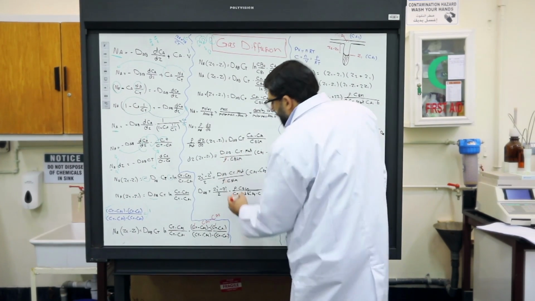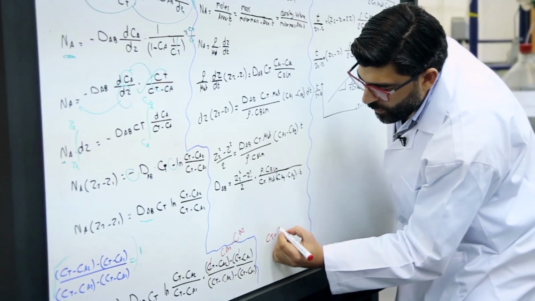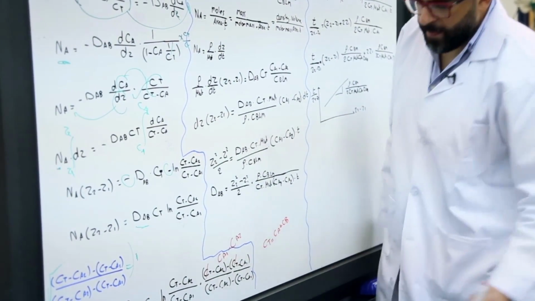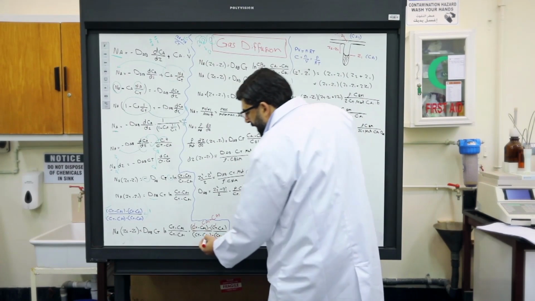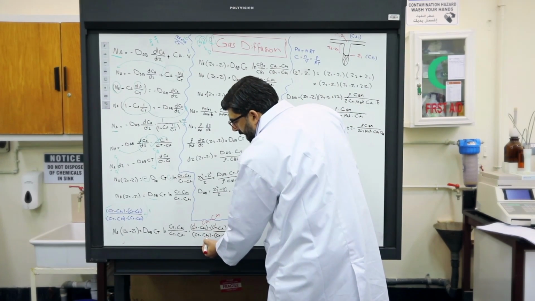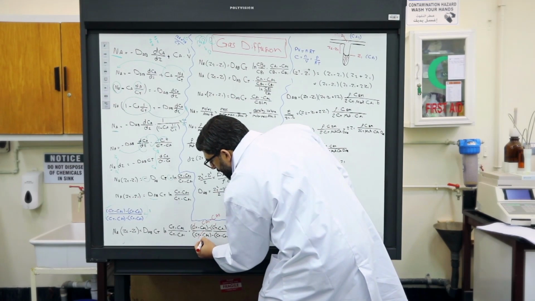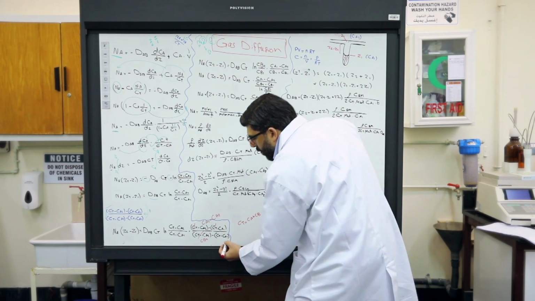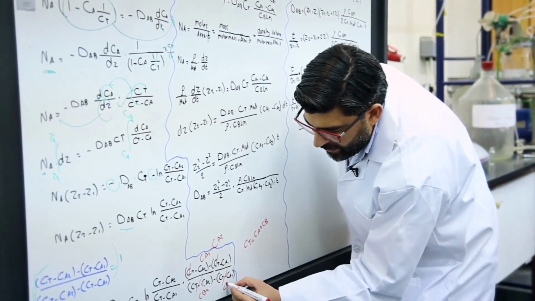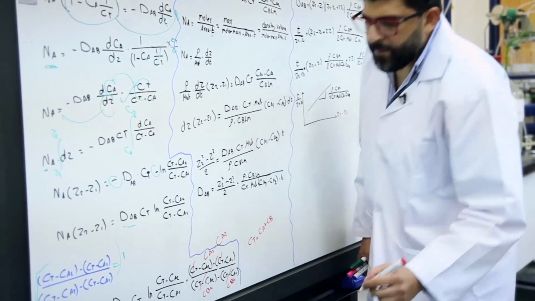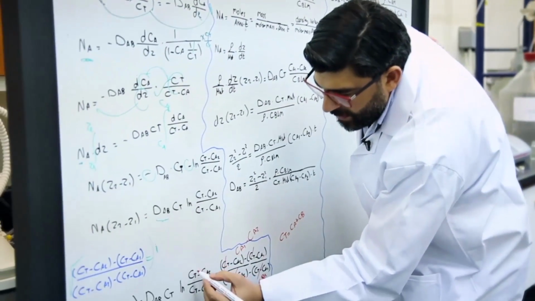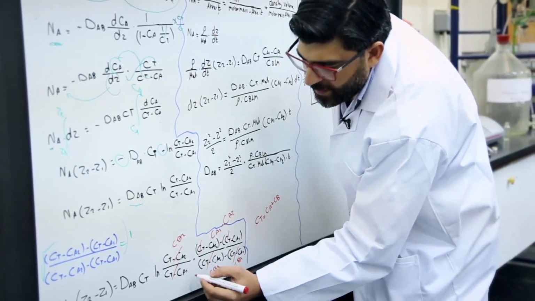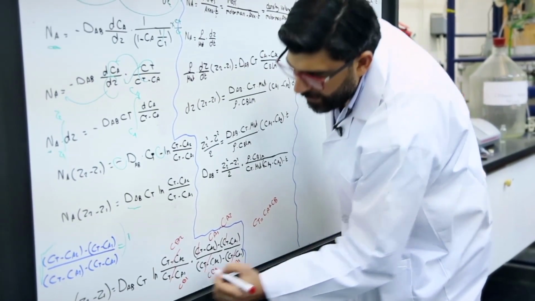As we said, C total equals C_A plus C_B. So C_T minus C_A2 equals C_B2 and C_T minus C_A1 equals C_B1. Here also, C_T minus C_A2 will be C_B2 and C_T minus C_A1 will be C_B1.